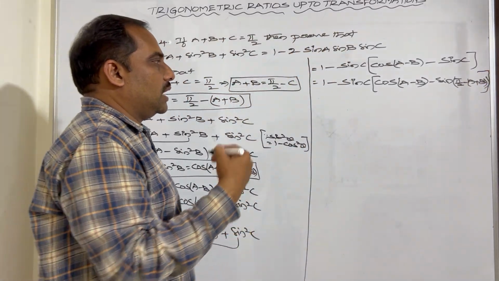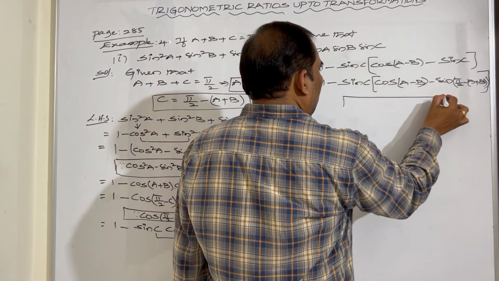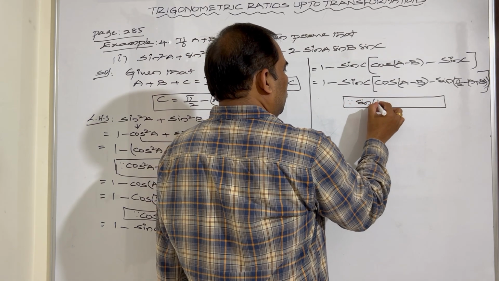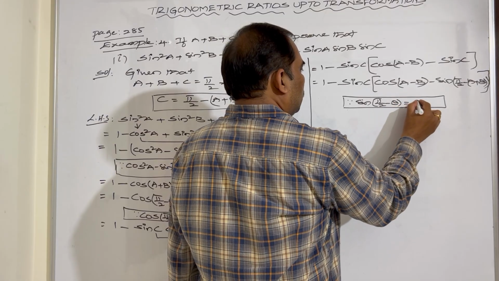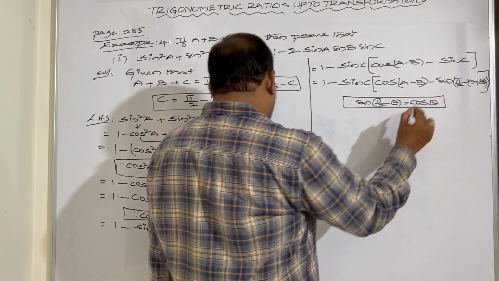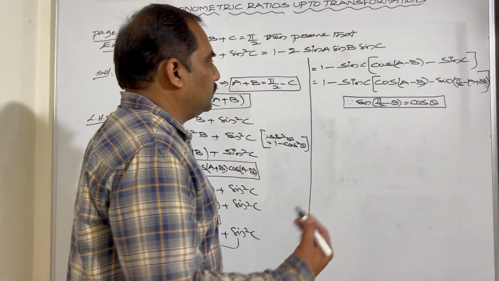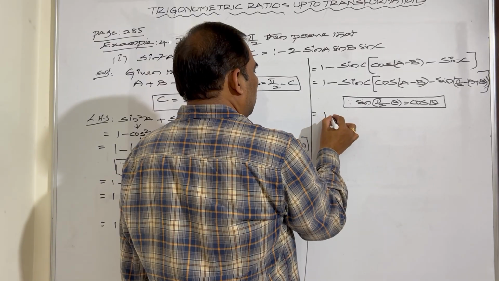When you replace like that, again it is in the form of sin 90 minus theta. We know that again it belongs to the first quadrant, so we have cos theta only. Sin 90 minus theta is cos theta. Cos 90 minus theta is sin theta. So here sin 90 minus theta is cos theta.